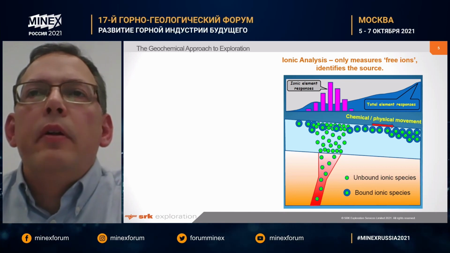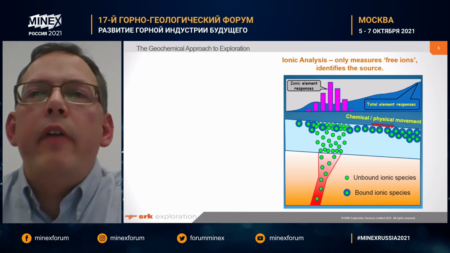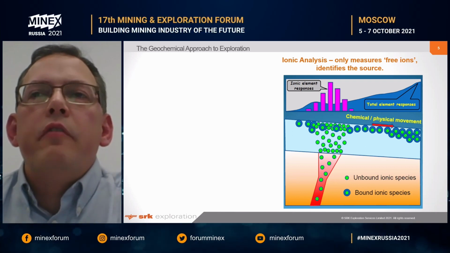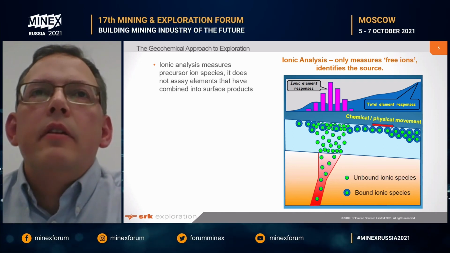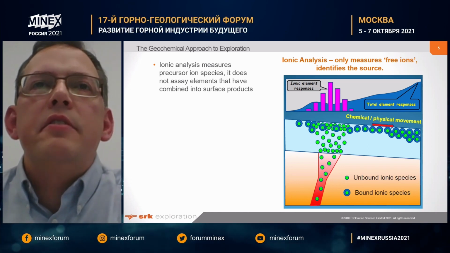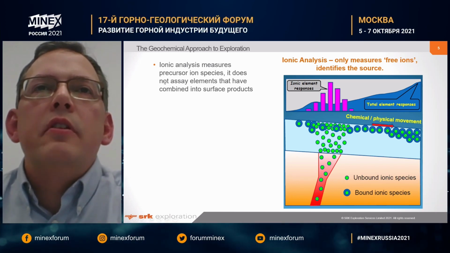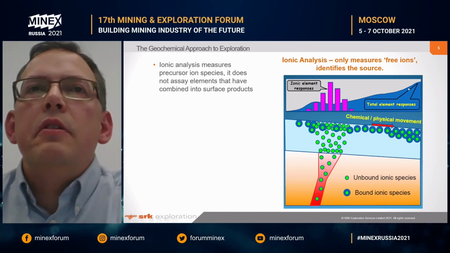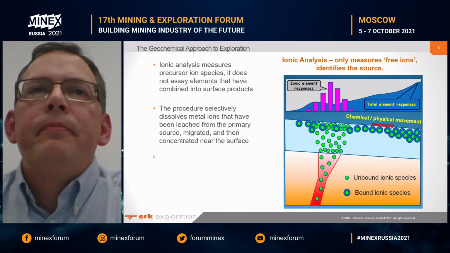So the ionic response itself is directly above the source of mineralization. So as I say, it measures the precursor ion species. It doesn't record elements that have combined into surface products.